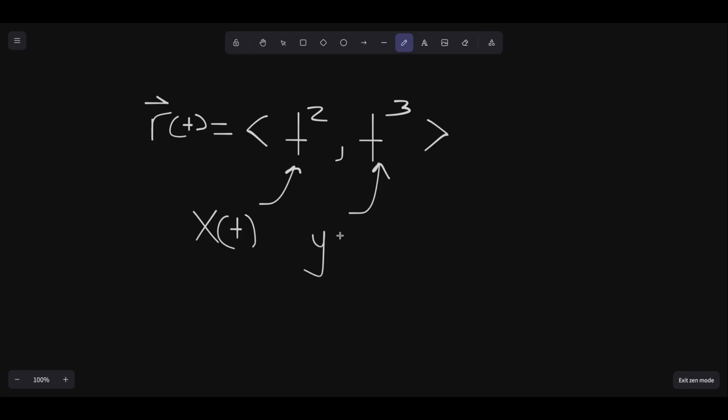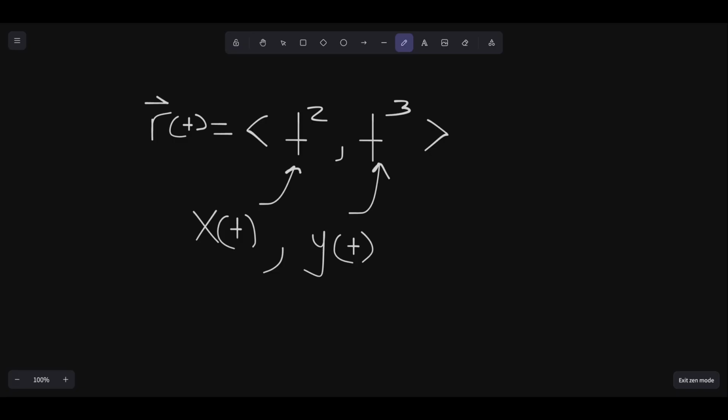On the other hand, you have y of t, because this tells you as time progresses, what's the y value. And so ultimately, r of t is going to be composed of some function x of t and then some function y of t. And if it was in 3 dimensions, then of course you would add a z of t. But the important point to note is that everything in this case is going to be changing with respect to time.